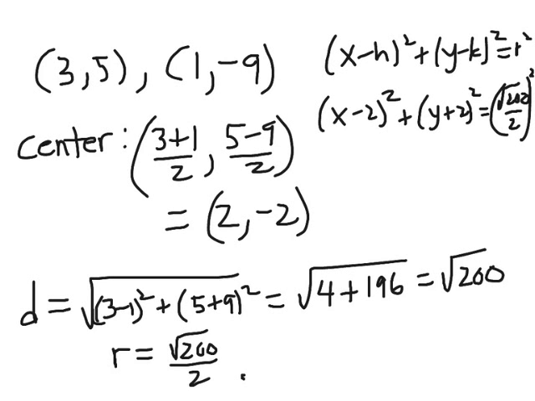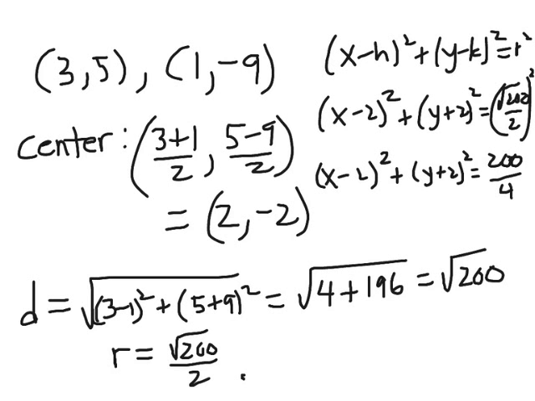Alright, now I would do a little simplifying. I would write my final answer as (x − 2)² + (y + 2)² equals, the square root of 200 squared is just 200. A square and a square root cancel each other out, so that's going to be 200 over 4, because 2 squared is 4.